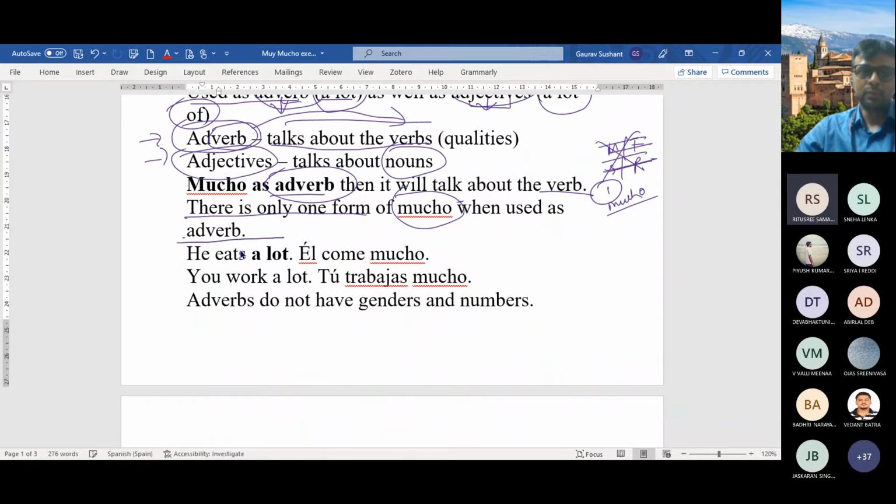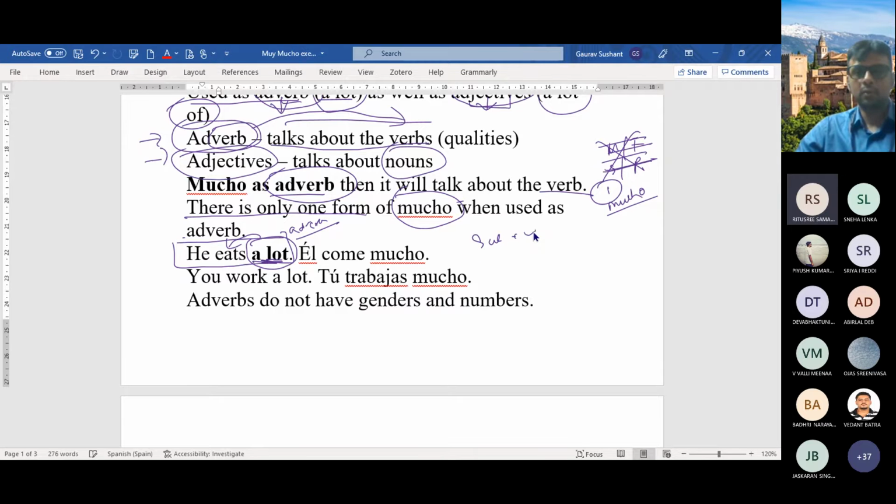So the example here is very simple. He eats a lot. This a lot is basically referring to the eating activity. So here it is mucho as an adverb. How will you do it? It's simple.